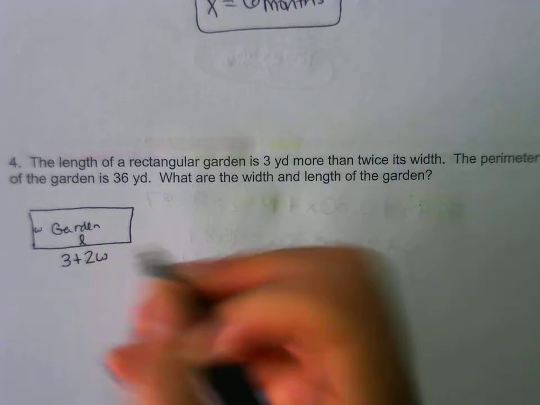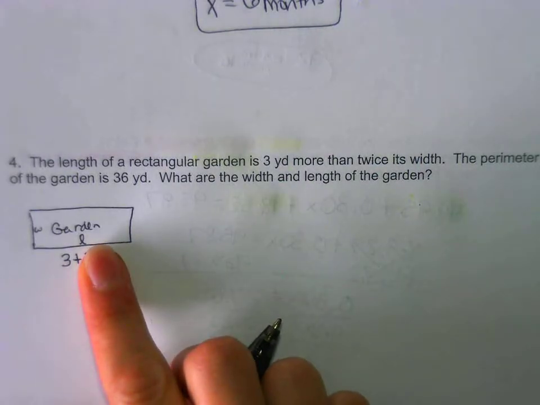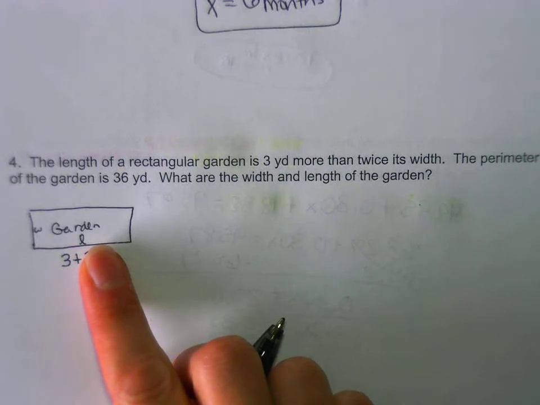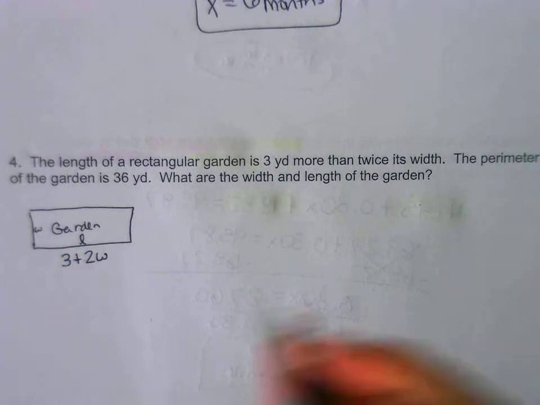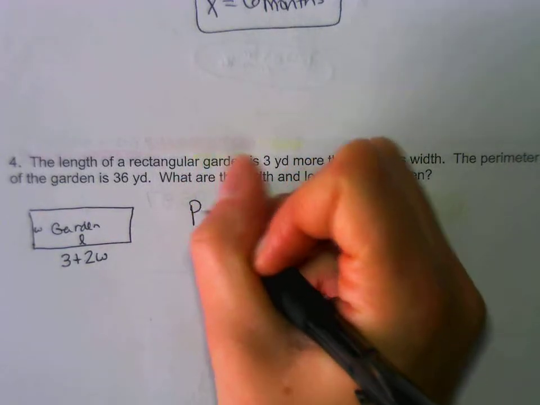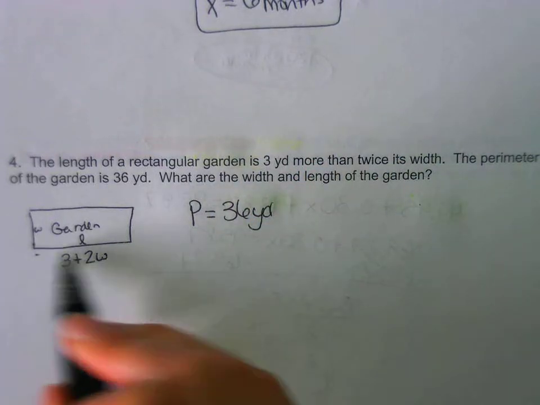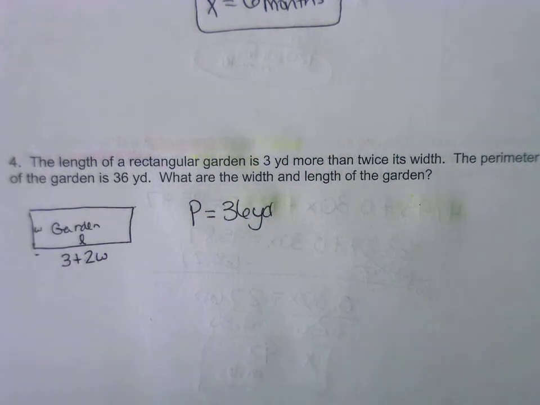So whatever my width is, if I double it and add 3, I get my length. So I am trying to find what my length and my width are, and it tells me that the perimeter, and remember the perimeter is all the way around, so if you add all 4 sides of your garden, that's your perimeter, is 36.